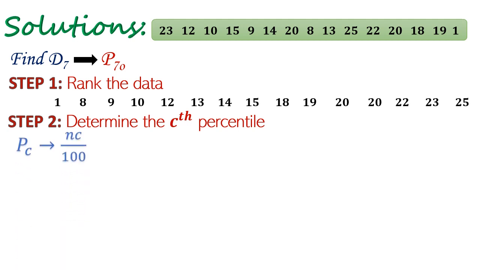Of course, we are going to use the same formula, NC over 100. But guys, if you are not that comfortable, you may use the formula in finding the location or position of the desired decile, NC divided by 10. You would arrive at the same answer anyway.